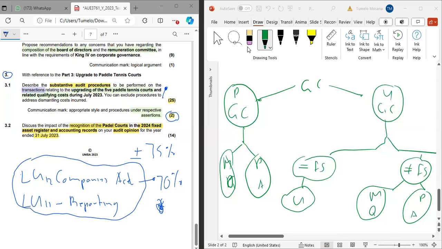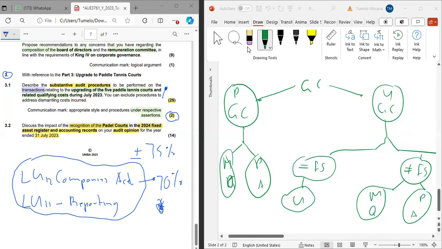If they are not willing to make changes, it is a disagreement between you and management, so it is a factual misstatement. The audit opinion would be determined the same way we have discussed. Because it is a factual misstatement due to disagreement between you as the auditor and management, everything that we have done in this question should be applicable there.